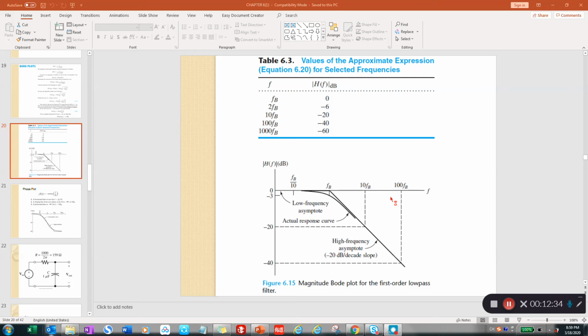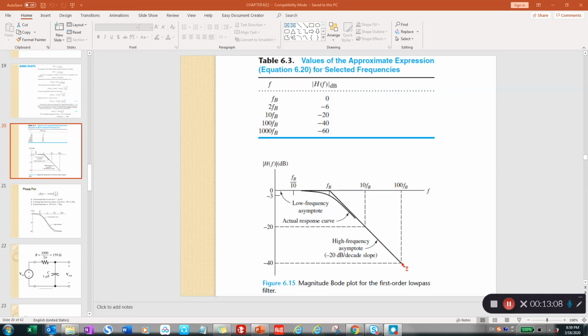I hope you still remember the definition of the decade. That is, the ending point is 10 times the starting point. From FB to 10 FB, you have a decade. And from 10 FB to 100 FB, you have another decade. For each decade, the amplitude in dB will be reduced by 20 dB. So you will know the slope of this straight line.